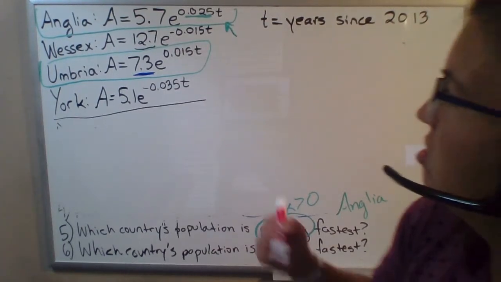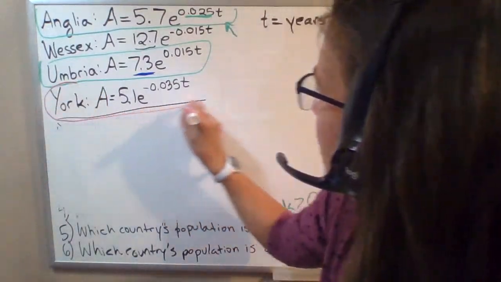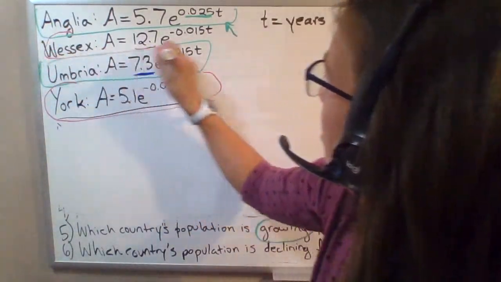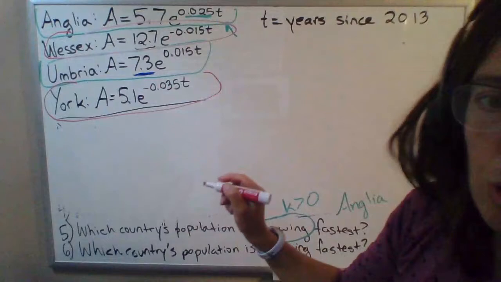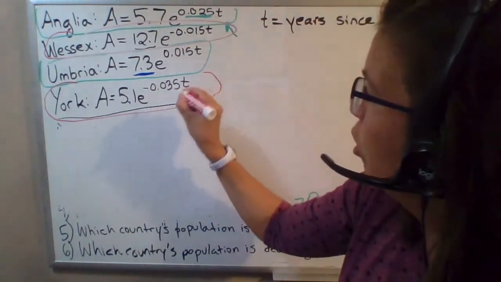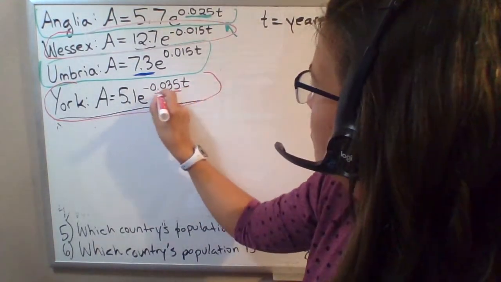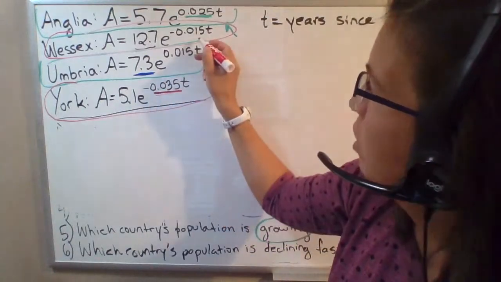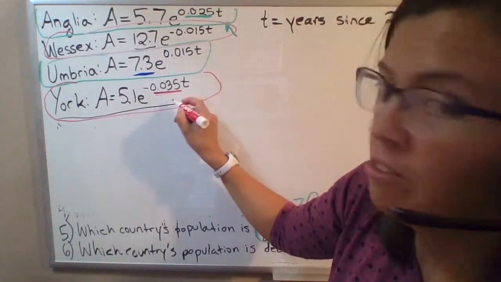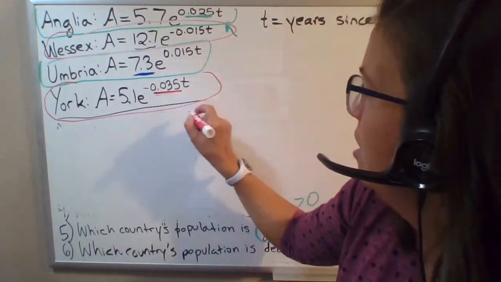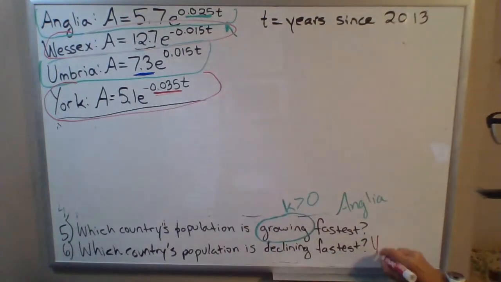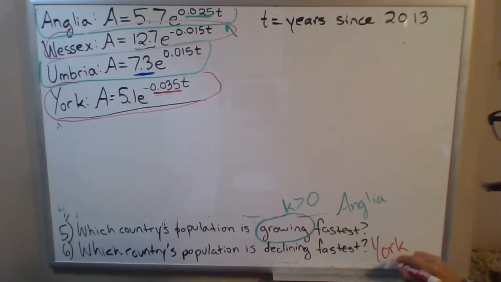The populations that are declining have negative values of k, so that's York and Wessex. As far as which one is declining faster, we look for the lower value of k, the one that's more negative. We're comparing negative 0.015 to negative 0.035, so York has the more negative value of k. York is declining faster. So that's your answer to 6.